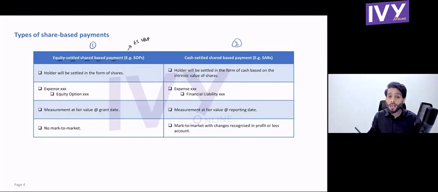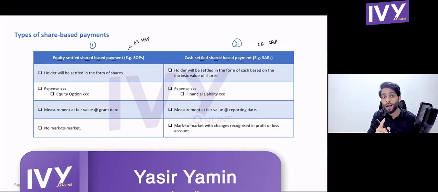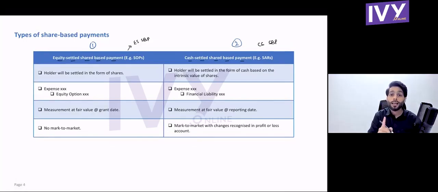And one type of share-based payment is known as cash settled share-based payment, or CSSBP. I'll repeat it again. There are two types of share-based payment transactions. One is known as ESSBP, equity settled share-based payment. Just repeat after me, equity settled share-based payment. And the other one is CSSBP, cash settled share-based payment.